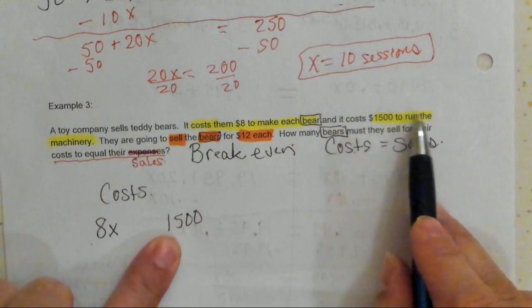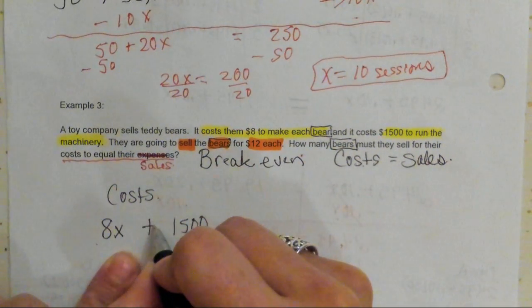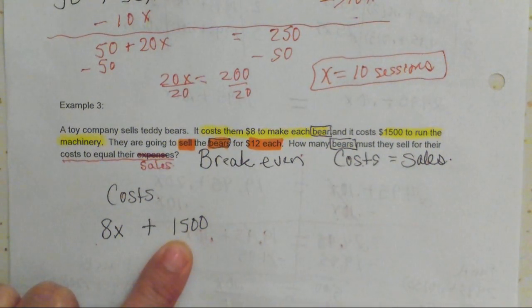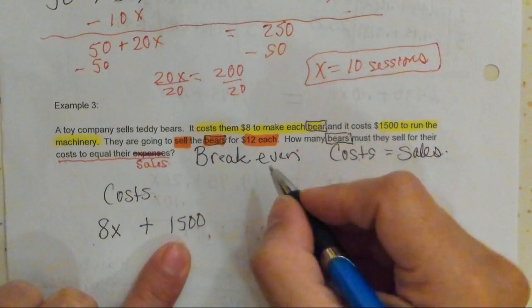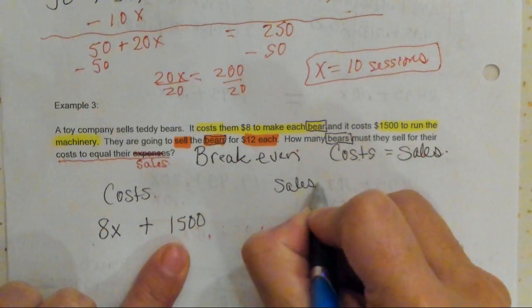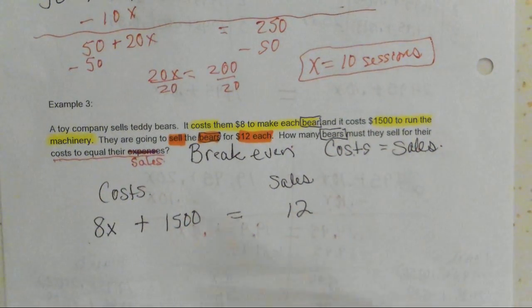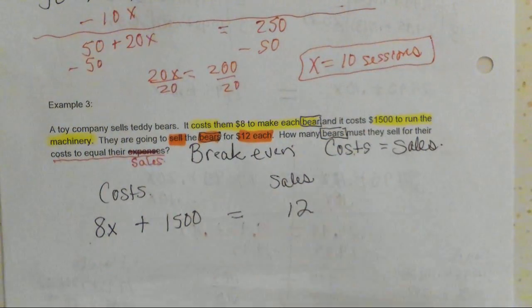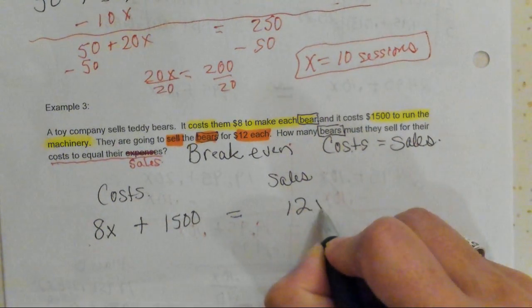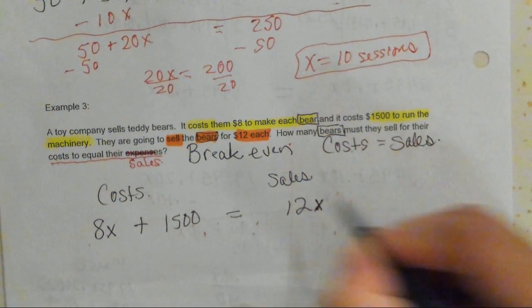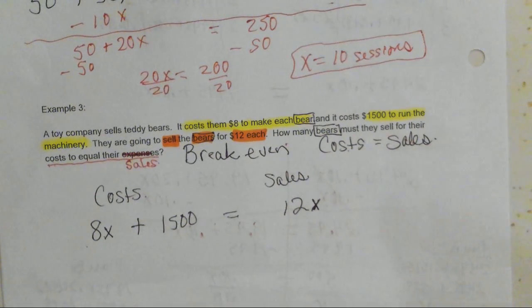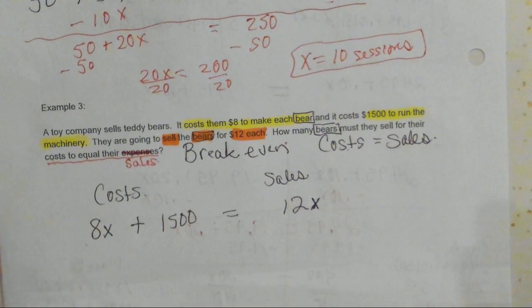The $1,500 is a one-time fee that I pay for the machinery. And then my sales over here, again, have to do with the number 12. So I have to decide, are my sales $12 one time, or does that $12 occur more than once? And in this case, I hope it occurs more than once. We don't know, again, how many bears we have to sell. That's what we're trying to figure out.